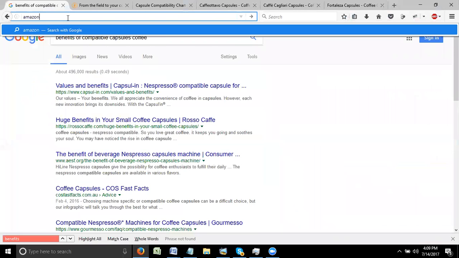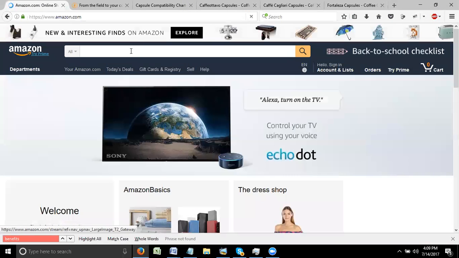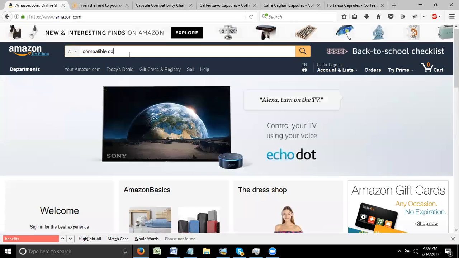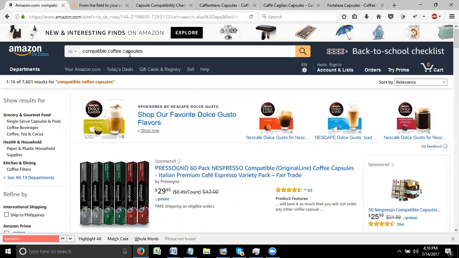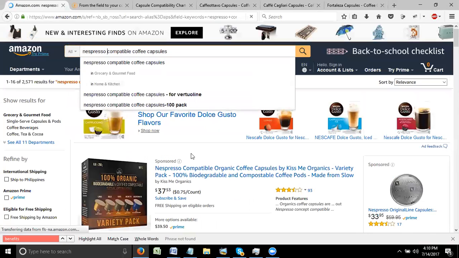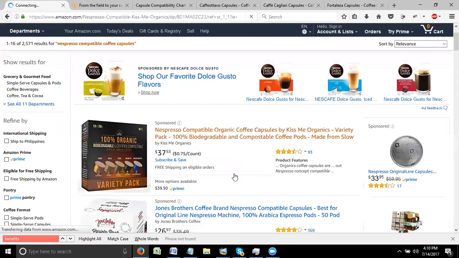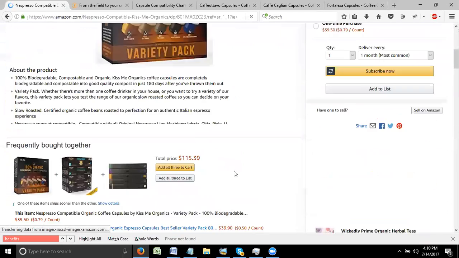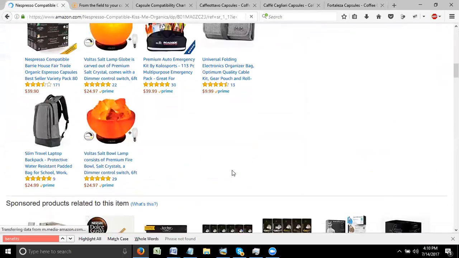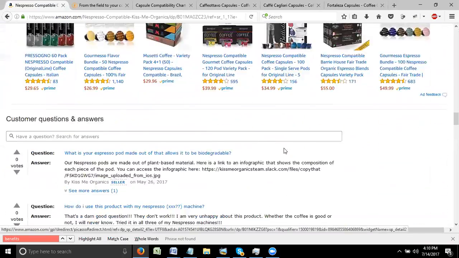And so far, we haven't encountered a lot of the fears, angers, frustrations, dreams, and aspirations yet. One thing we could do is go to Amazon.com and search for compatible coffee capsules. Let's put the brand there at the top: Nespresso compatible. We are going to go inside there and scroll down to the reviews.